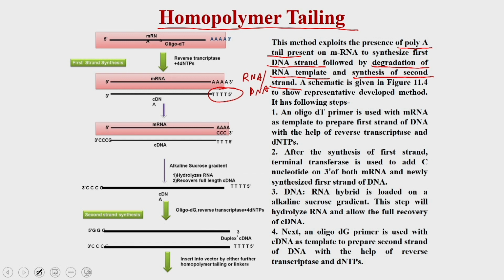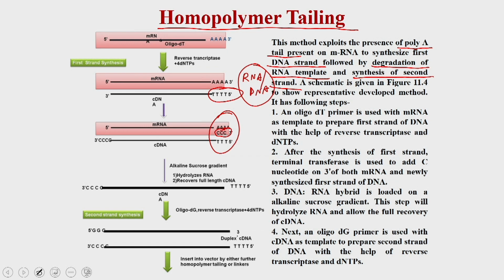Now, you have to degrade the RNA. Once you have got this RNA DNA hybrid, you are also going to add the terminal C, which means you put dCTP and an enzyme called terminal transferase.